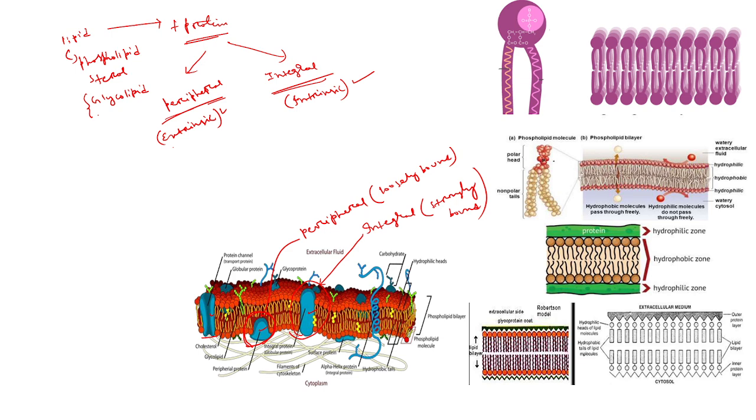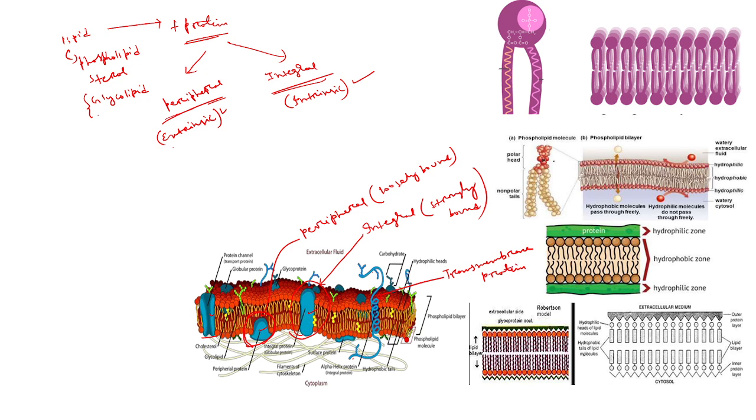Some protein like this is also a protein. It is already present at the inside and the outside. That means it is buried across the whole lipid bilayer, and this type of protein is called the transmembrane protein.